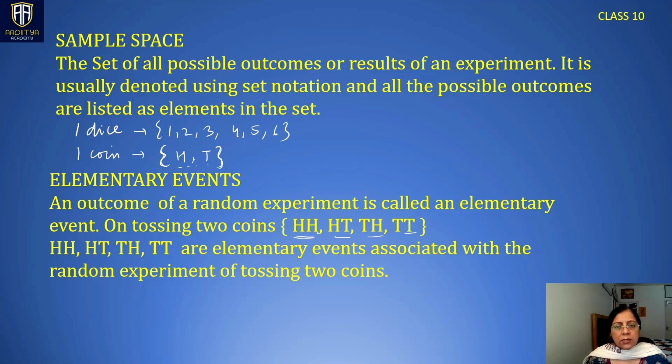Here HH, HT, TH and TT are 4 elementary events when we toss 2 coins or 1 coin twice. So every outcome of the experiment, when written in the sample space, denotes an elementary event.